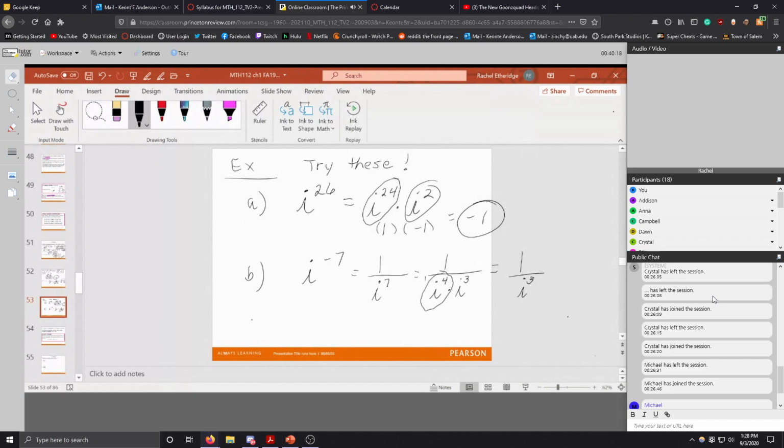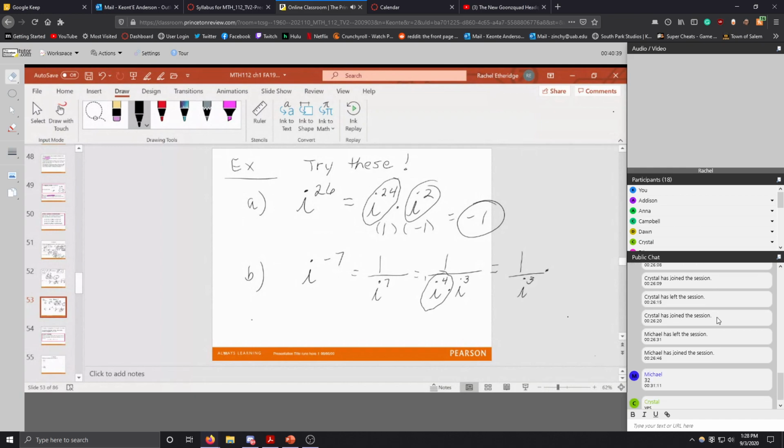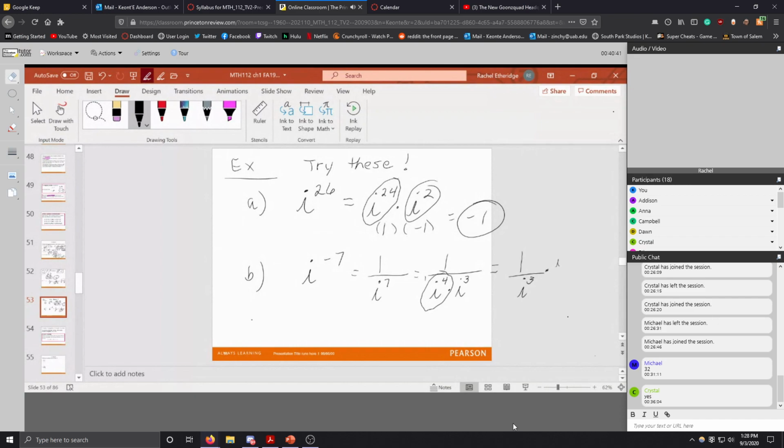Do y'all see if I multiply the top and the bottom by just i, I would have i to the 4th in the bottom, and it would just be 1. So to rationalize this one, instead of multiplying by i to the 3rd over i to the 3rd, which is going to cause extra work, how about if I just multiply by i over i?